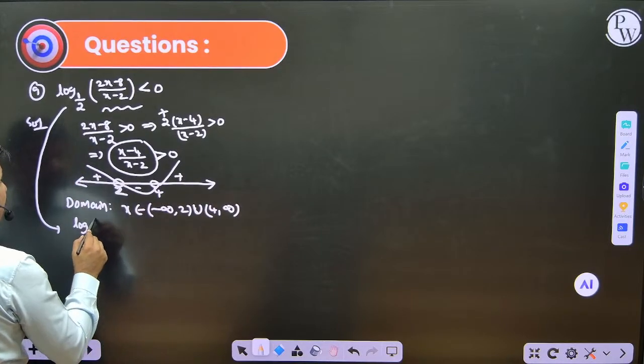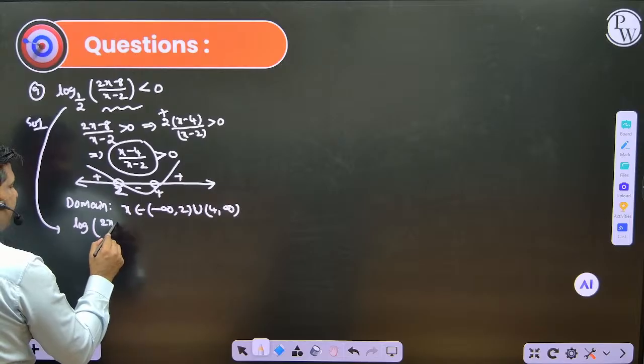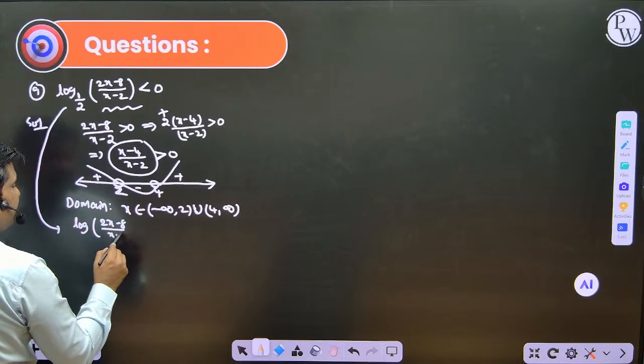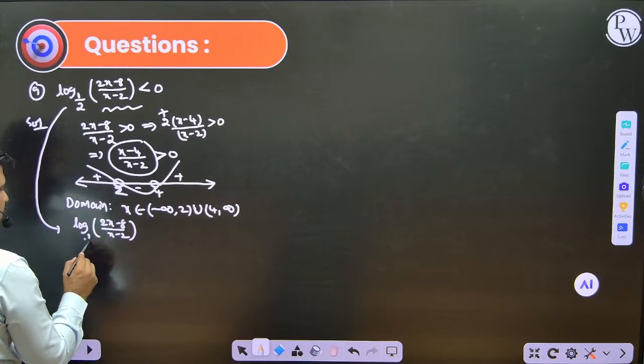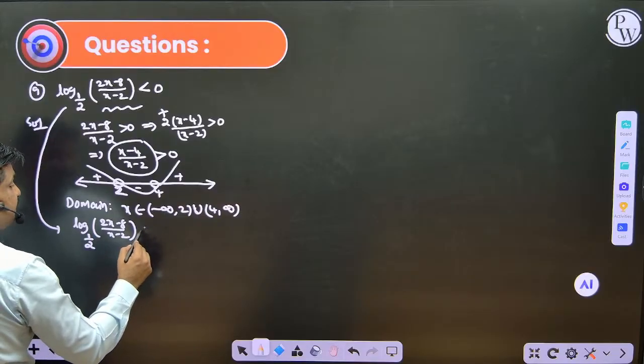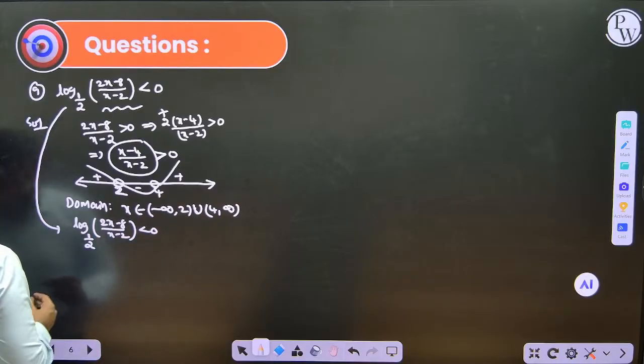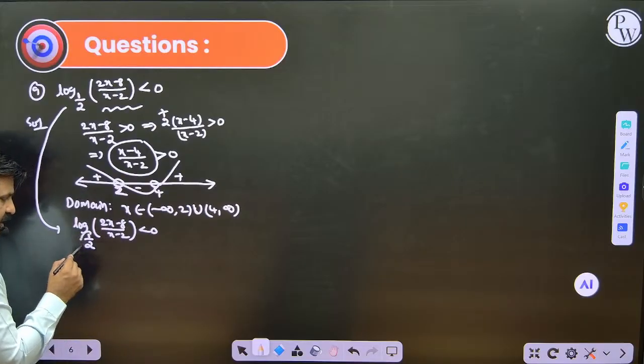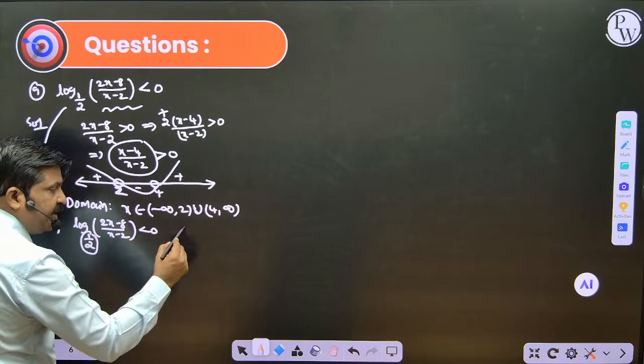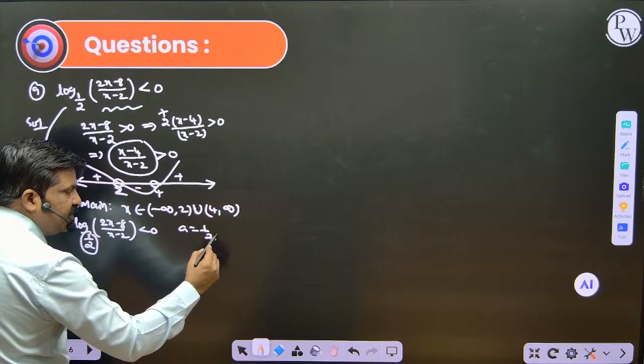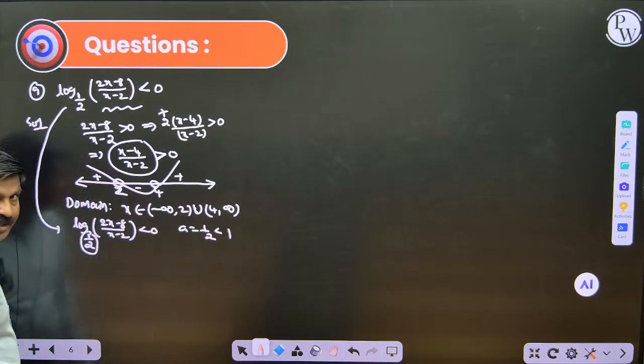Log base 1/2 of the number (2x minus 8) by (x minus 2) is less than 0. So what is the base here? Here the base is 1 by 2. It is less than 1, or not.